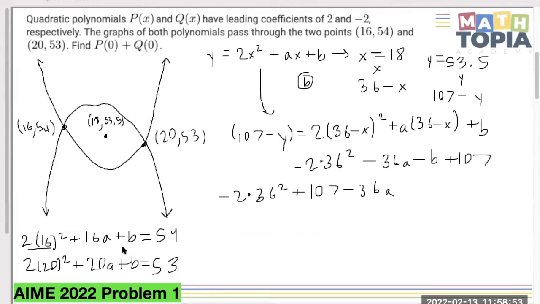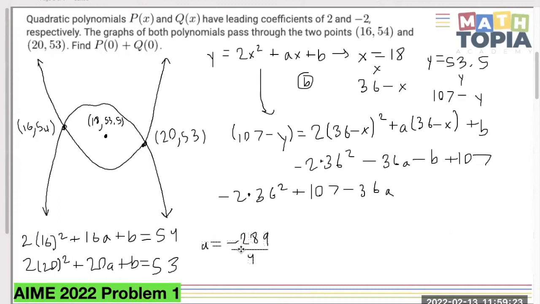If we subtract this equation from this equation, we end up with 20 squared minus 16 squared, which is just 12 squared, 144, times 2 would give us 288, right? Plus 4a is equal to -1. So if we subtract 288, we end up with -289, and then a is just -289 over 4.